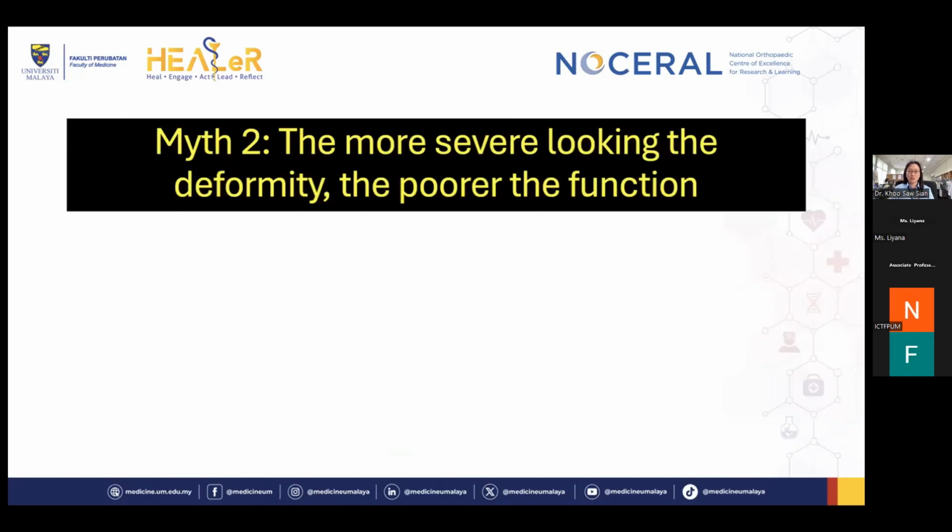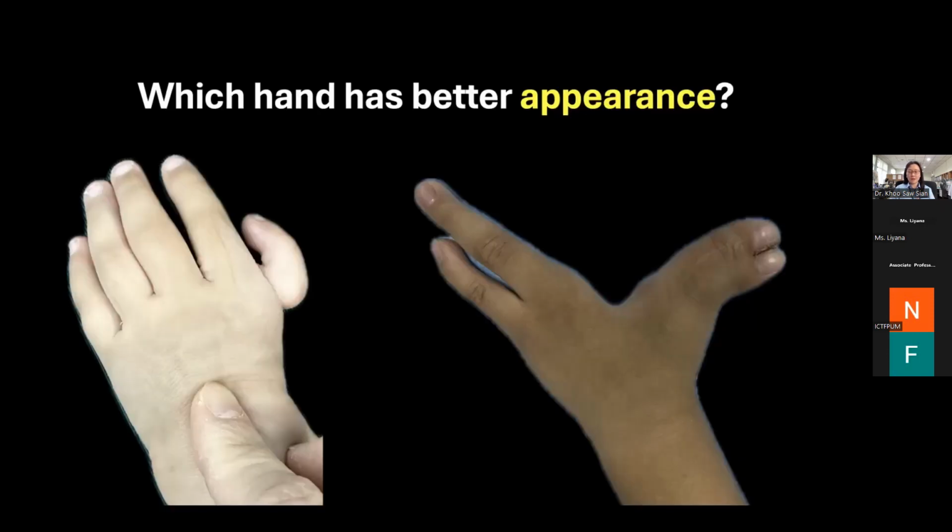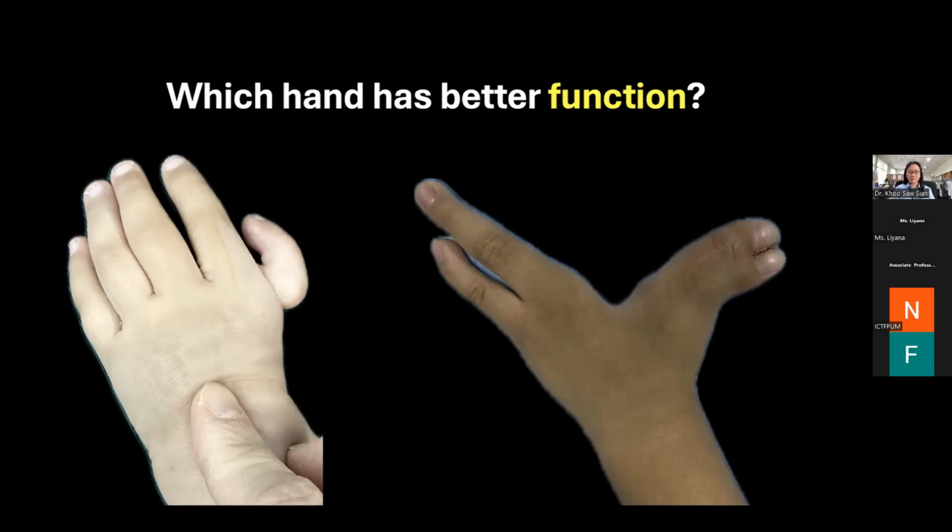So the second myth is, the more severe looking the deformity, the poorer the function. If you look at these two pictures, which one would you think has better appearance? My children, 6 years old and 3 years old, both had a look at this picture, and they only asked me what happened to the picture on the right. So which hand has better function?